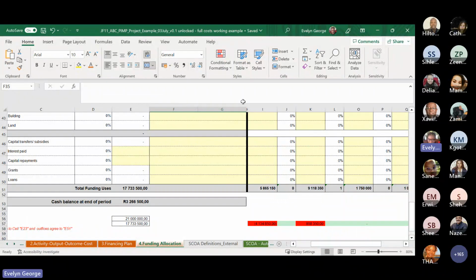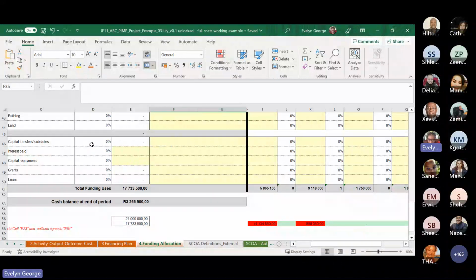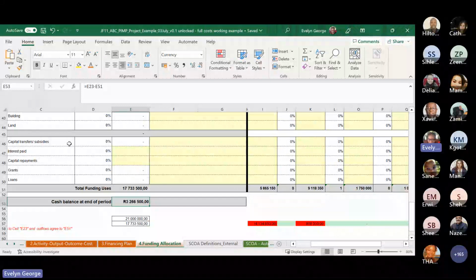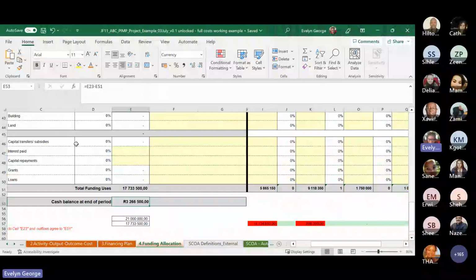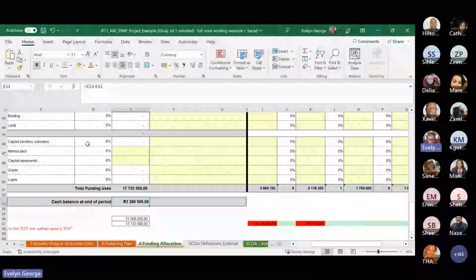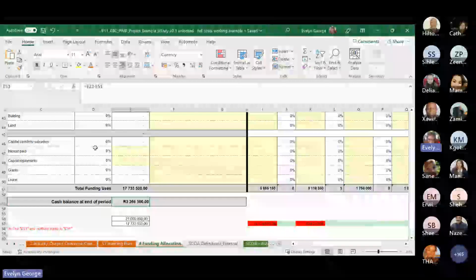Okay, and then just some additional things too. This is a reflection of the balance at the end of the period. And so whilst we have quarterly deficits, it's telling us that overall the project is expected to not spend 3.2 million of the project income, which is the grant and match funding.